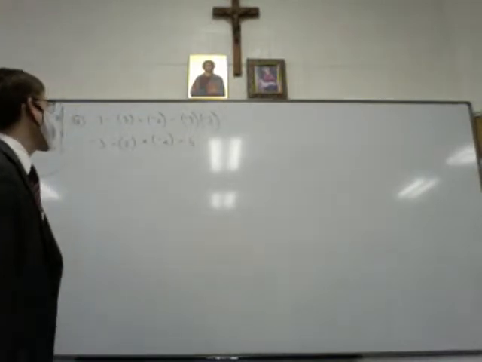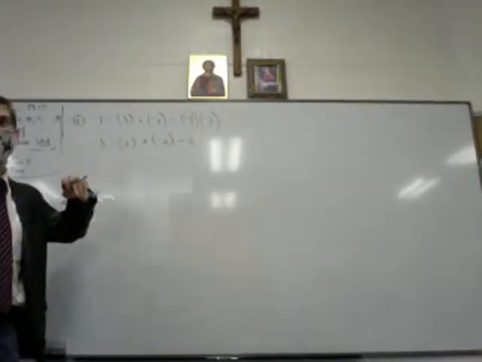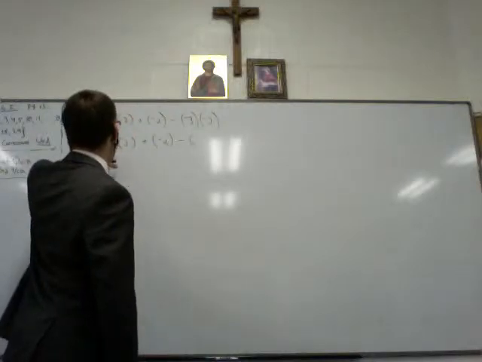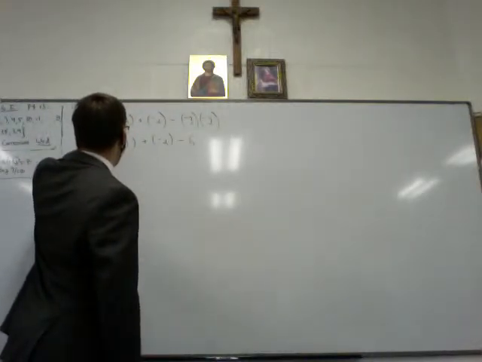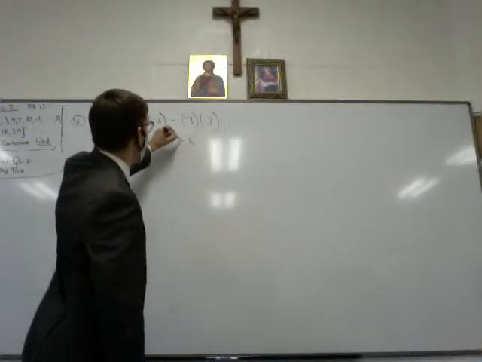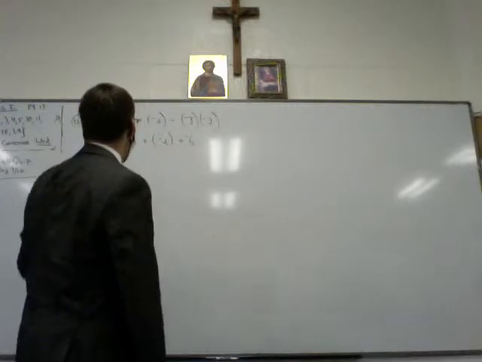Before we start adding, we should get rid of any subtraction. I think this will make our lives easier. So instead of writing minus 2, we write plus -2, and instead of minus 6, we write plus -6.